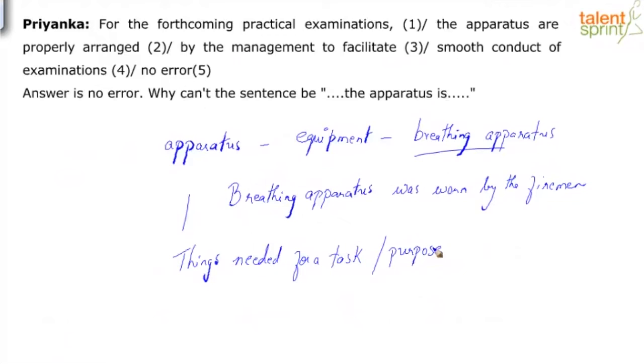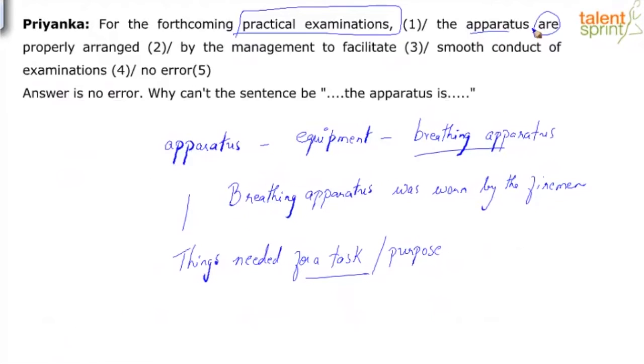So in the context, the particular task is practical examinations. For practical examinations, there are a lot of things that need to be put in place, right? Whatever those things are. So probably that's why here apparatus with are, the plural verb, is still fine, right?